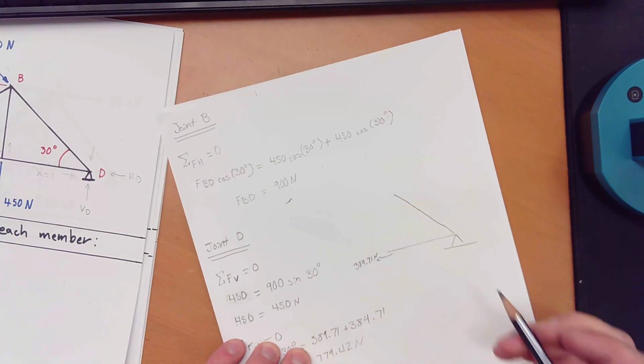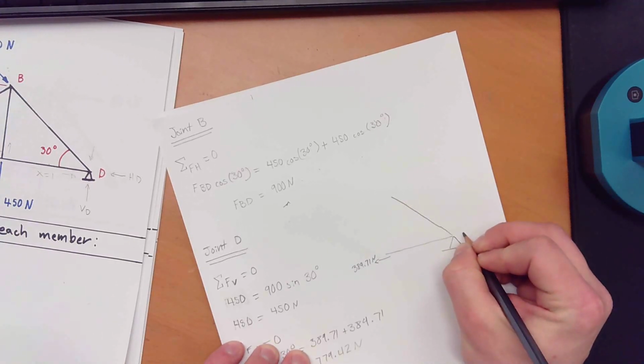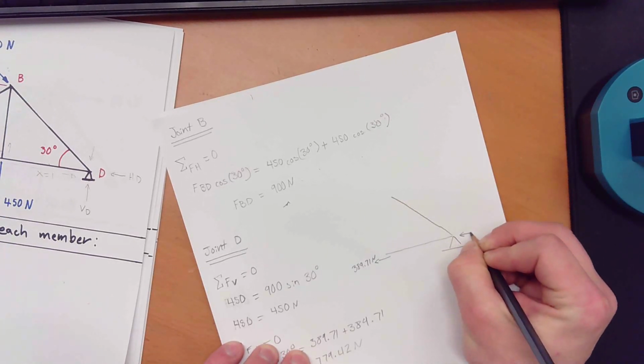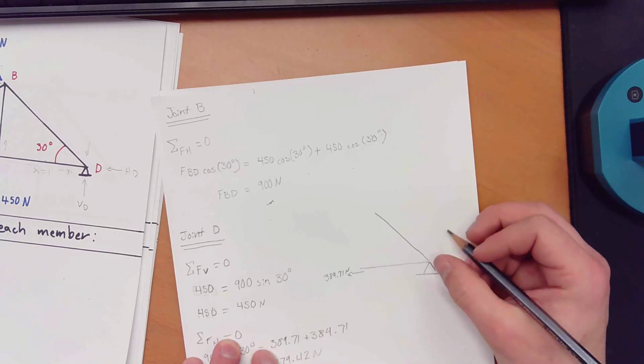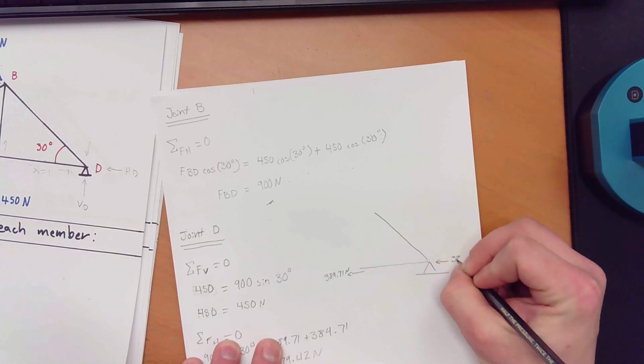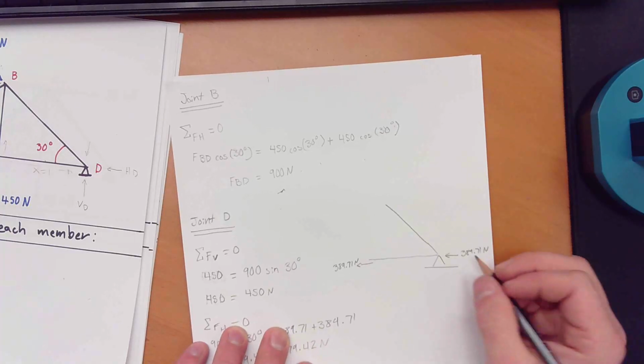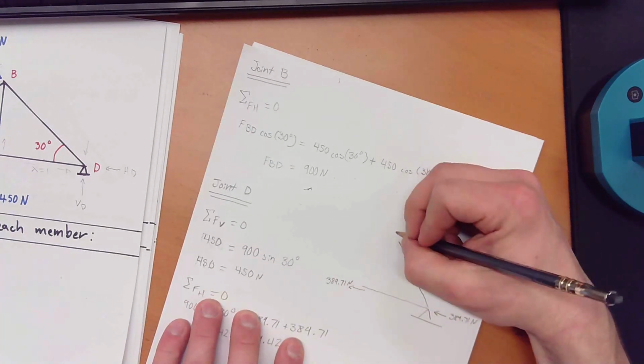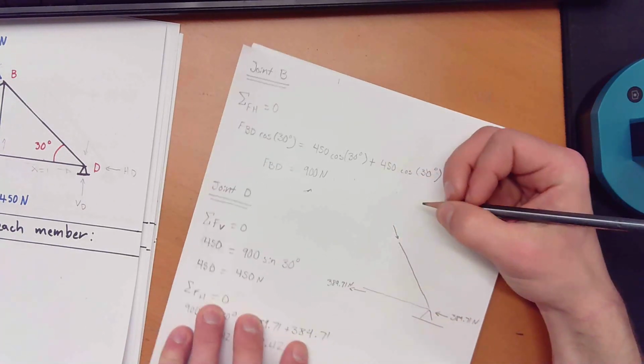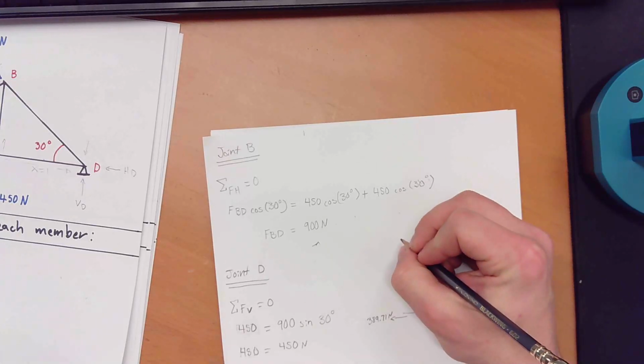We also have a force of 389.71 newtons going in that same direction. From the top here, we have 900 newtons.